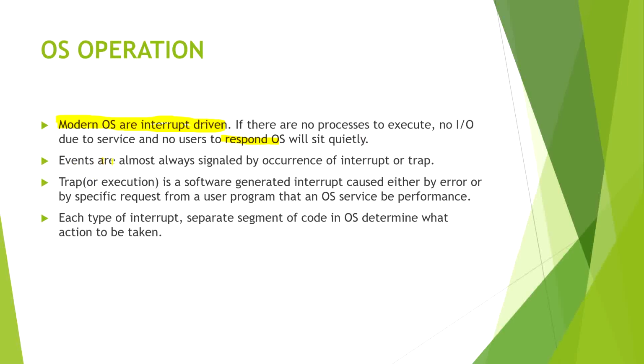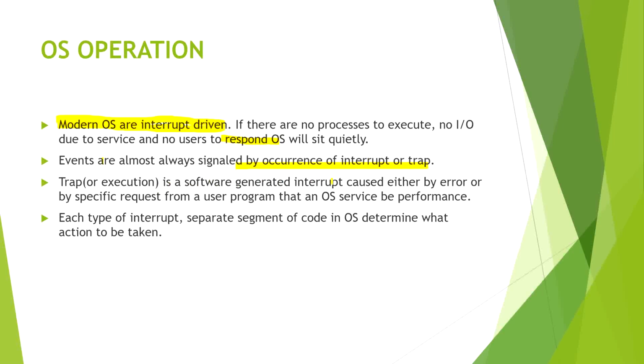Events are almost always signaled by the occurrence of an interrupt or trap. So what are traps? These are special signals raised because of an error happening at the time of execution of a process.